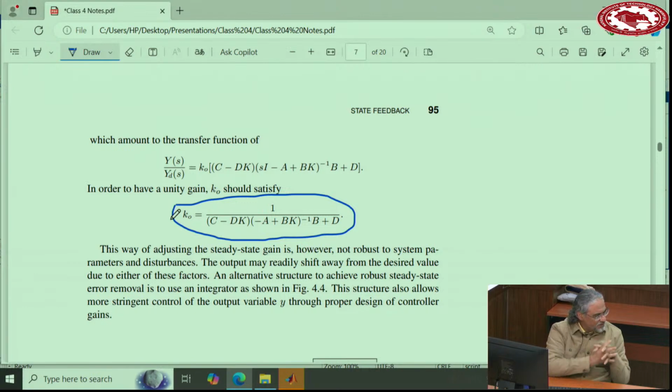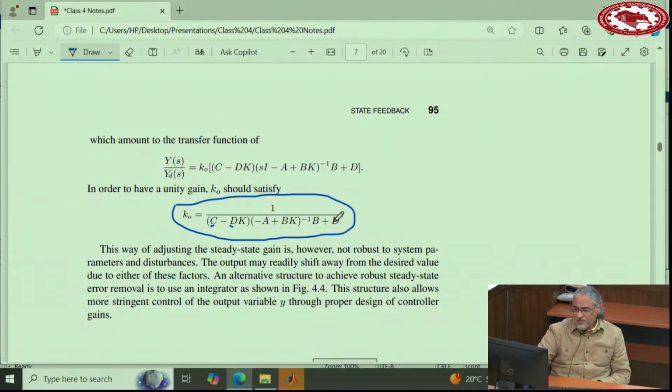Okay, so with this K0, now the output in the steady state will be equal to the input. If you want the converter to reach 10 kilowatt, it will reach 10 kilowatt eventually. However, the problem this approach has is that K0 is a function of A, B, C, D, and K. K is fine because K doesn't have uncertainty, but A, B, C, and D can have uncertainty.